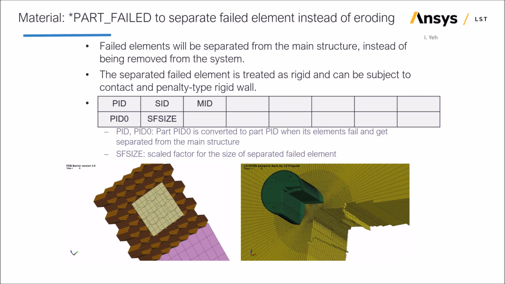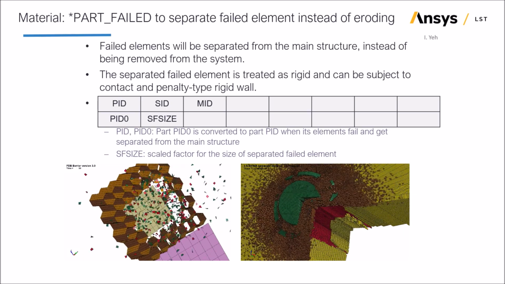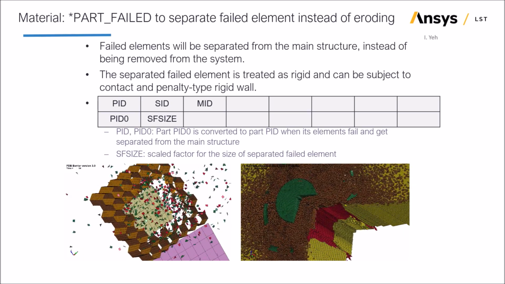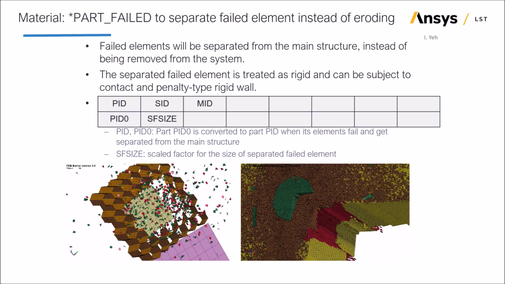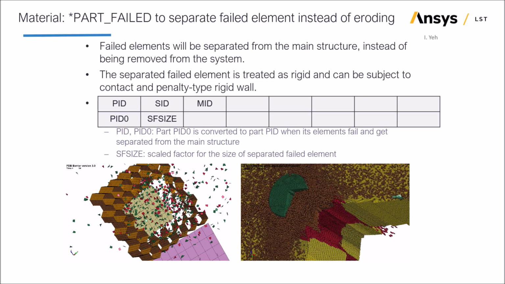With this new feature, instead of being deleted, the failed elements detach themselves from the surrounding mesh and become rigid. There are other approaches already available, such as SPH, which would be able to model this kind of response, but it might still be useful to have this new technique available where there is a strong reason to stick with normal finite elements.